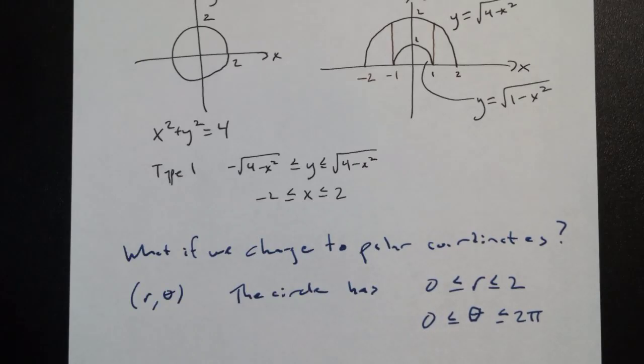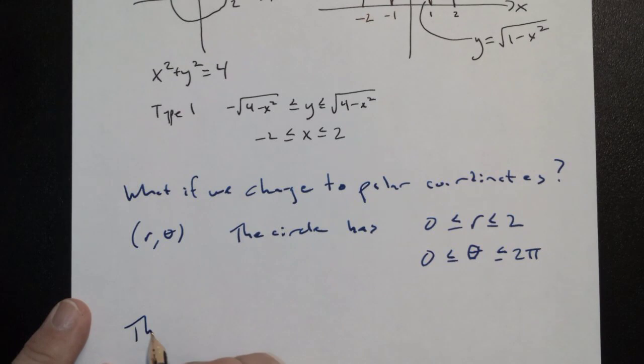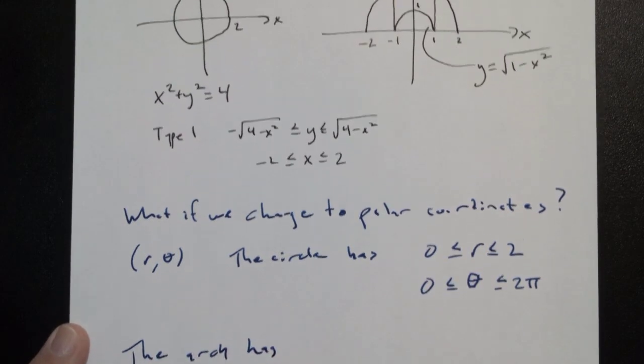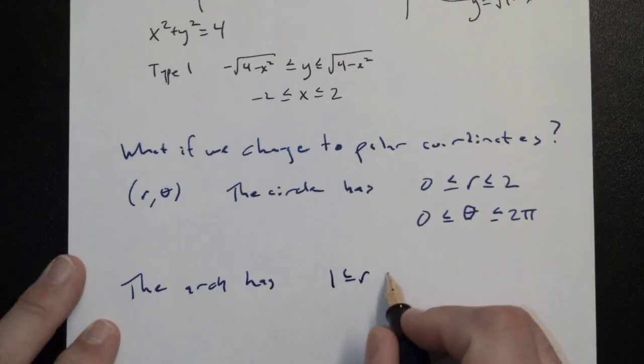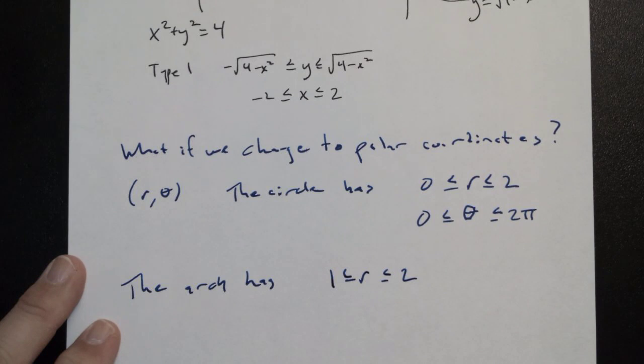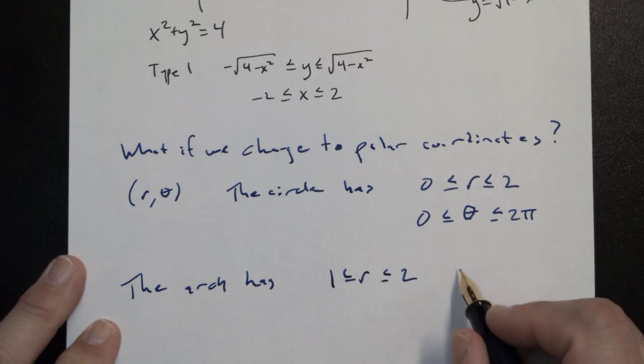How about the arch on the right? I could describe this region in polar coordinates as well. Smallest radius in that arch is 1, biggest radius is 2. And I'm only going on a half circle.